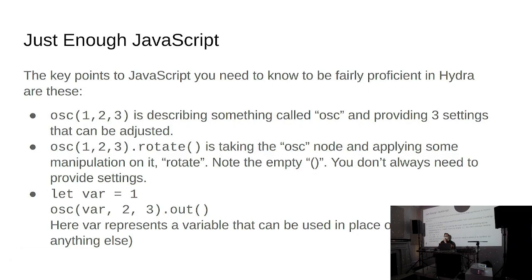The next thing is that you can chain them together. This dot indicates that you're feeding from this module into this module, which applies some effect or manipulation. In this case, it rotates the input pattern. The empty parentheses are important because even if you're not providing any specific settings, you still need to add them.